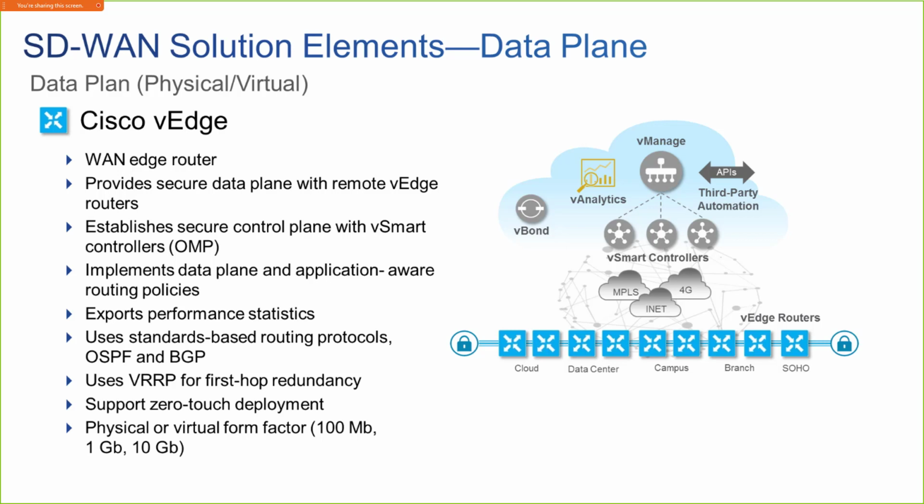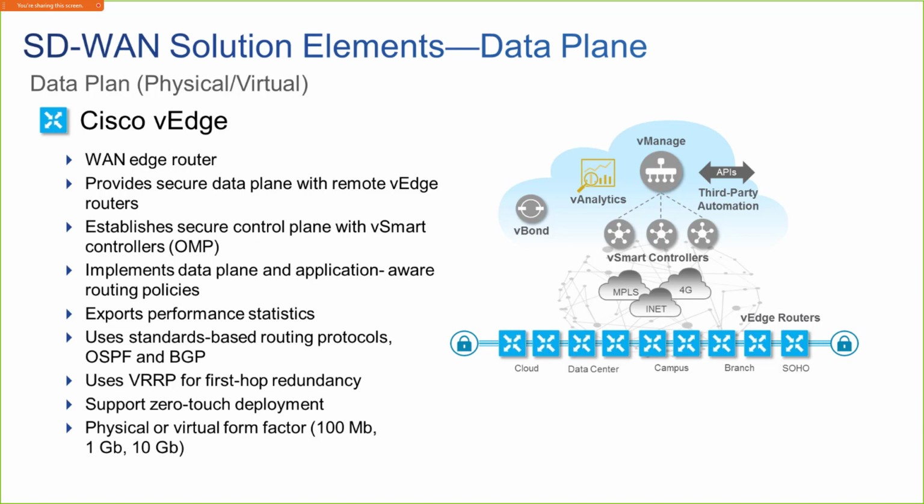All right. So the models themselves, there are actually many different form factors for the physical platforms. We have the 100, the 1000, the 2000, the 5000 models. The differences between them are really just the different interface choices and whether they support higher throughput and data plane tunnels.